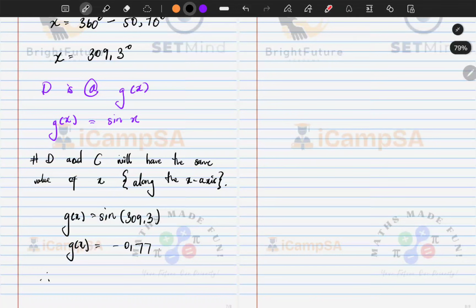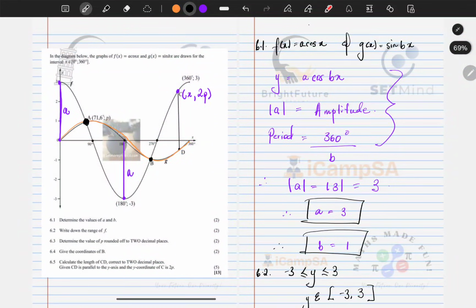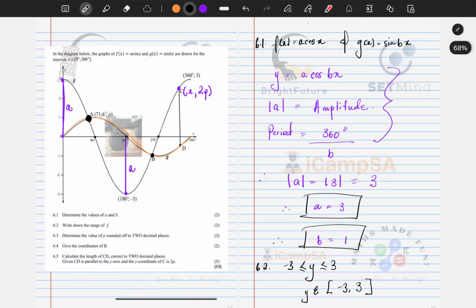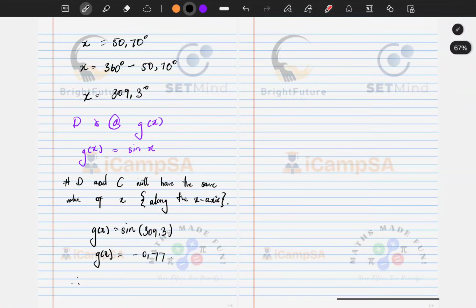0.77, right? And therefore, remember, what do we want? We want the length of CD. So we are going to take 2p and subtract this one, right?